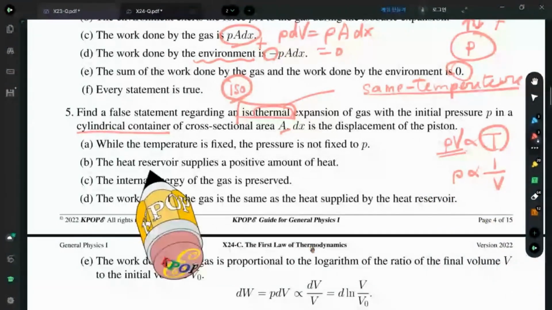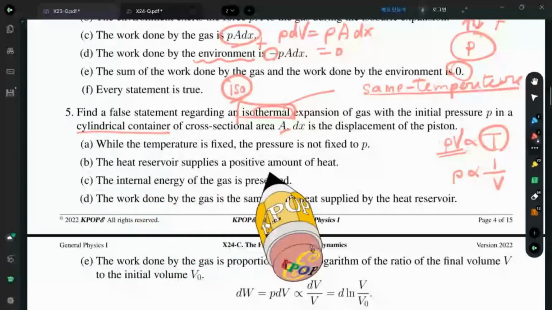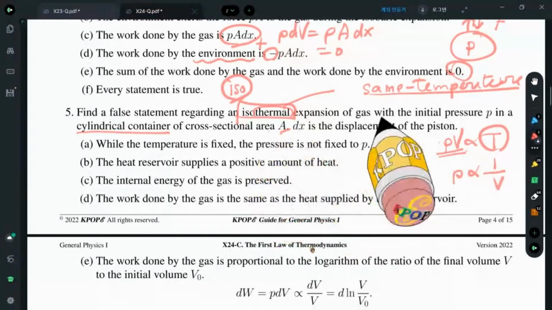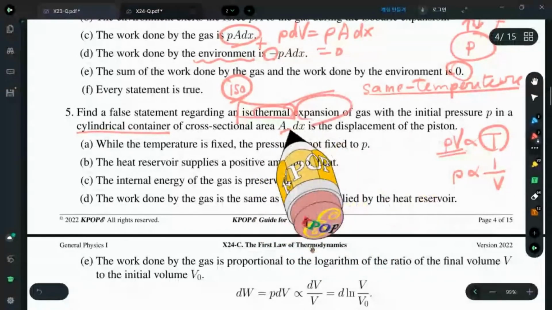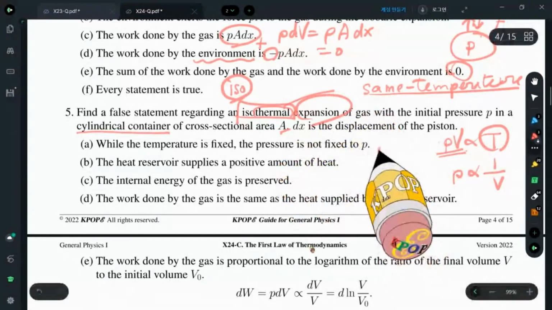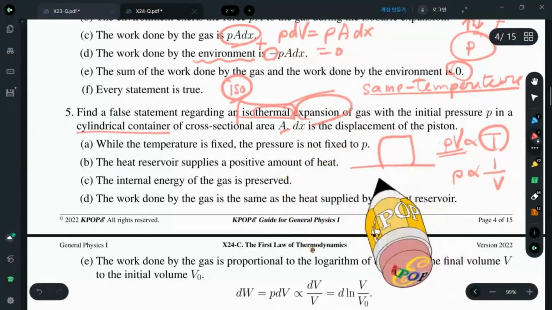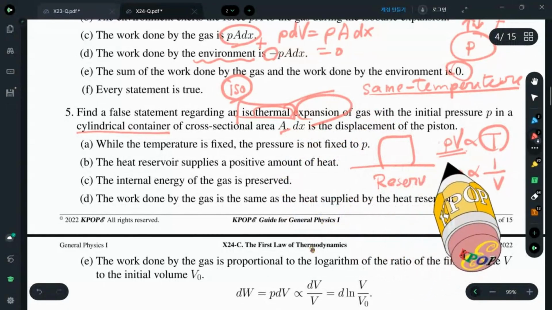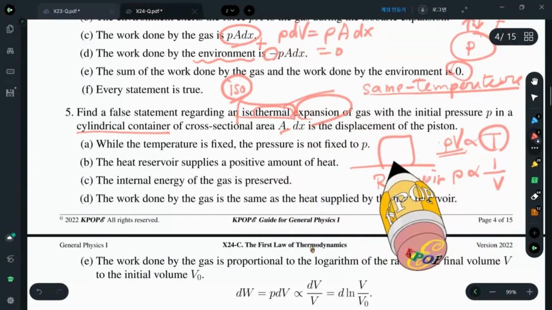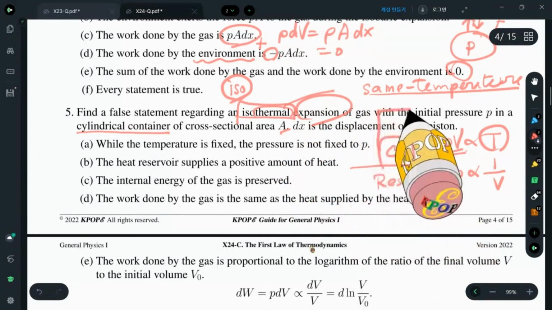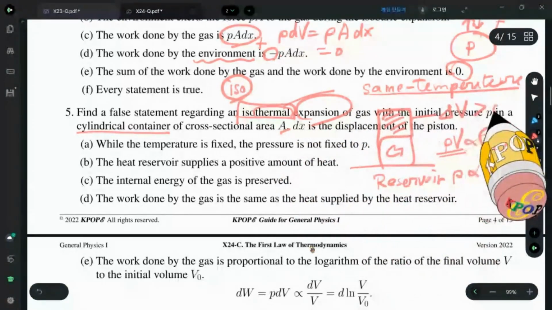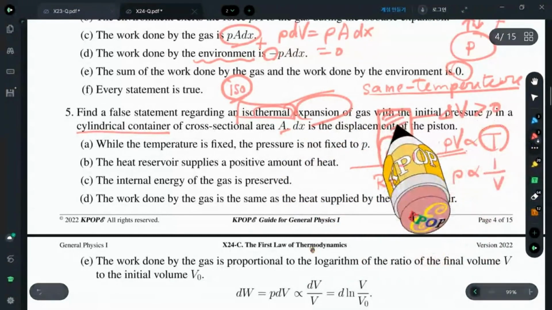The heat reservoir supplies a positive amount of heat. Let's see. Expansion. Here we have a reservoir and gas. The gas expands. Delta V is positive.